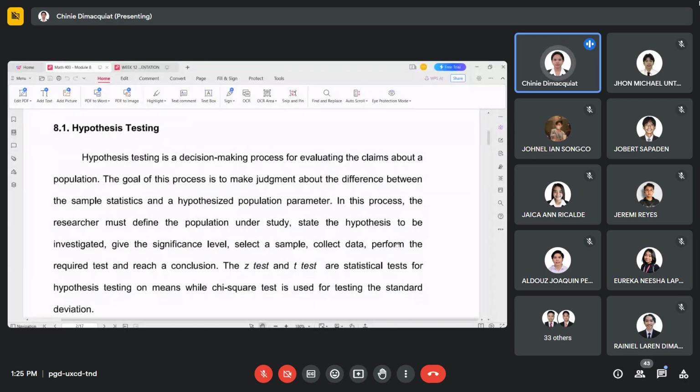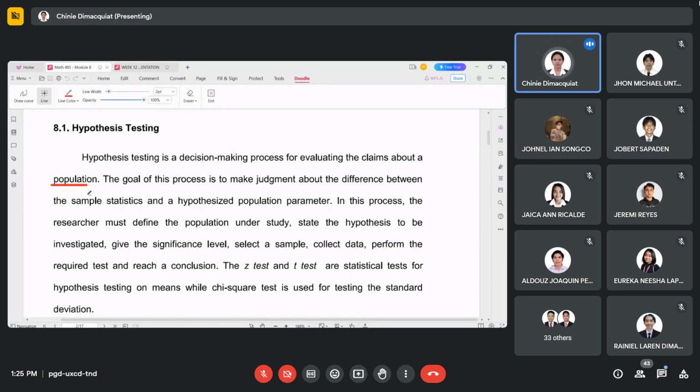So, hypothesis testing nga po, it is a decision-making process for evaluating the claims about a population. So, kapag hypothesis testing, yung nabubuo nating hypothesis ay laging about our population or population parameter.